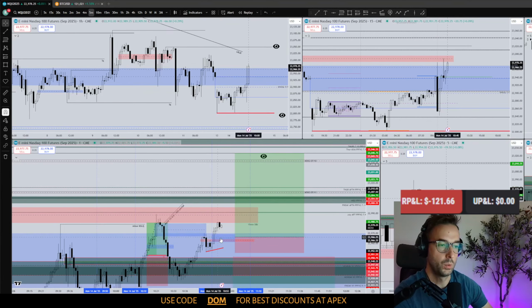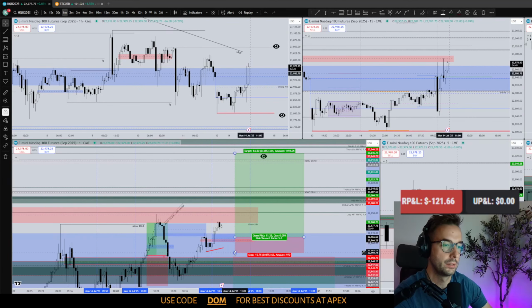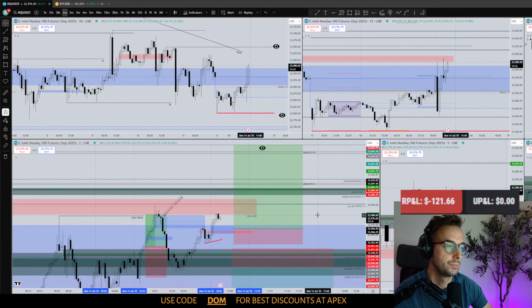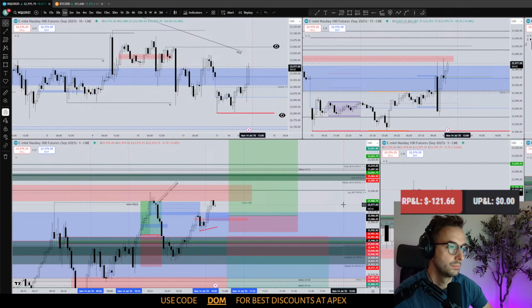I'll take in half an R once it hits this position, and once it starts rejecting it, I'll scale in like a second R. So that's going to be my strategy for getting in for this position. It just broke market structure to the upside again.